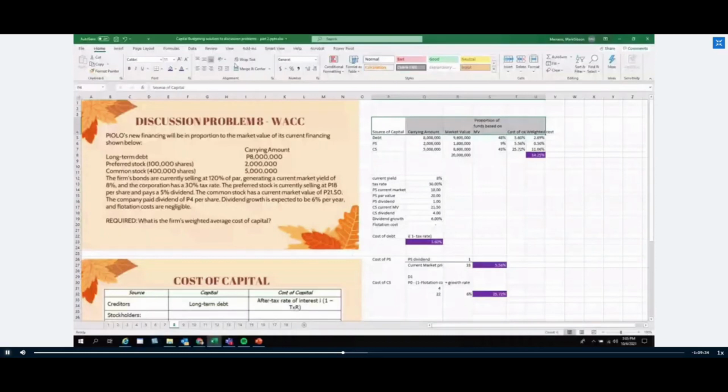So we have the sources of capital, so long-term debt. Lagay ka na lang para hindi ka malito. Long-term debt, we have the preferred stock and the common stock.